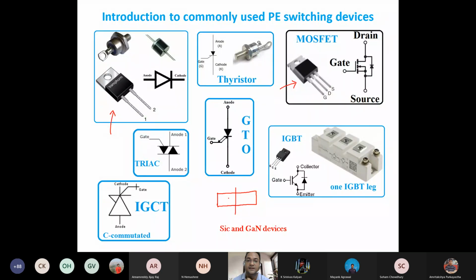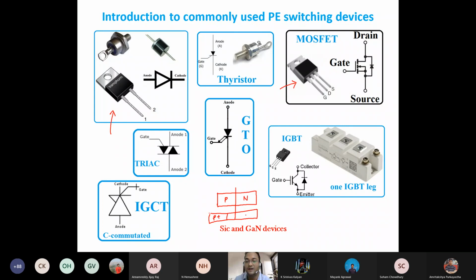What is the main material? Quickly. Yeah, a P part and an N part. Exactly, a PN diode, right? But the diode that we are going to discuss in power electronics actually has three parts. So how do we define it? We define it as P plus, N plus, and N minus.